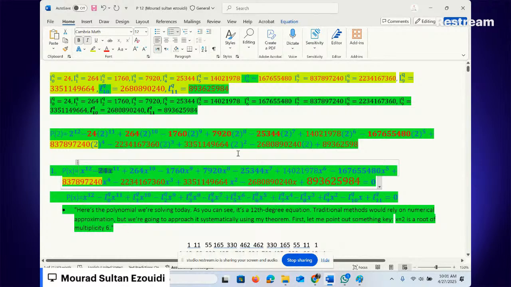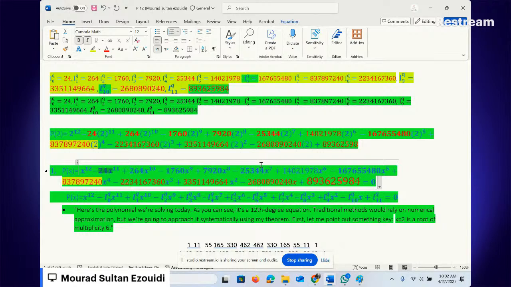Here is my original 12-degree polynomial equation that we are solving today. As you can see, it's a 12-degree equation. Traditional methods would rely on numerical approximations, but we are going to approach it systematically using my theorem.